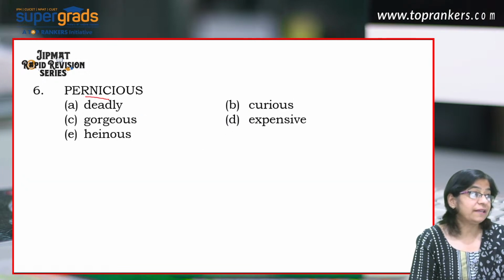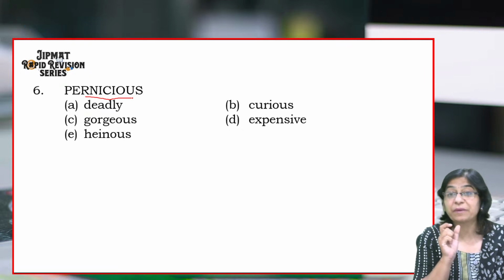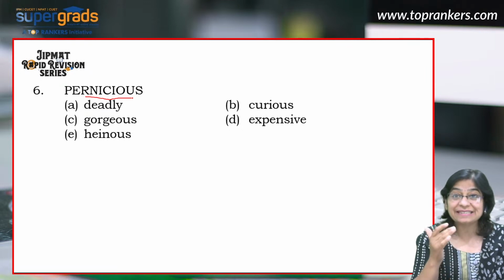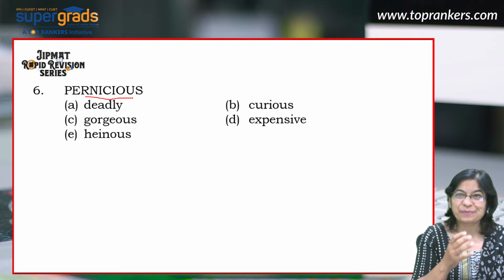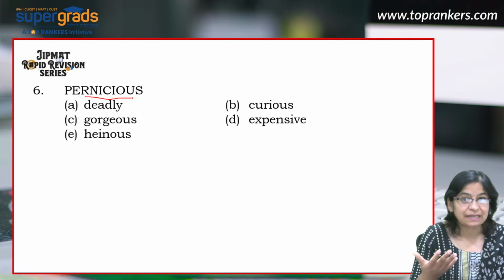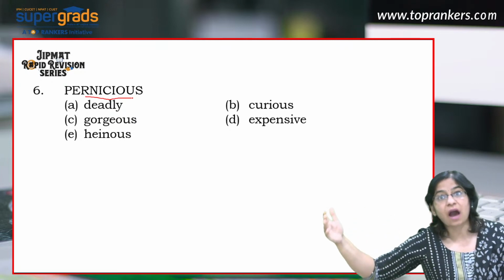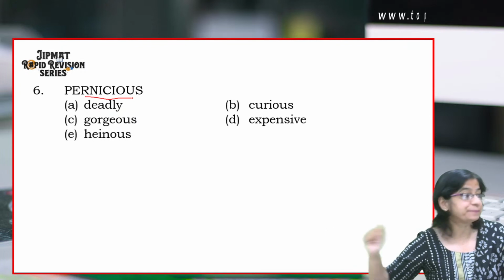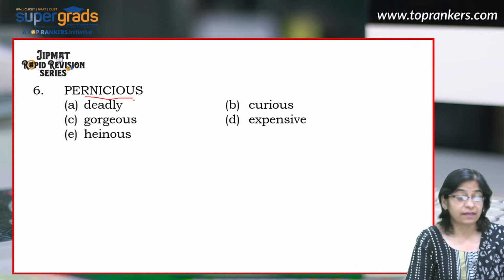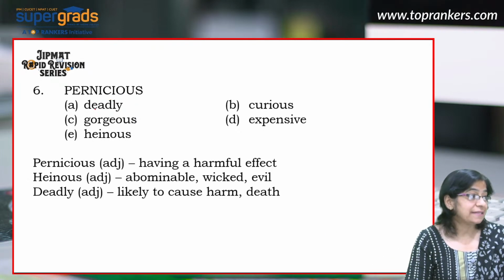Fantastic. Now, the next word that I have for you is pernicious. Pernicious. Now, this means something that's harmful. I mean, it has a harmful effect. So if something is pernicious, it'll definitely cause harm, which could be deadly. Now let's look at the answer choices. So is it deadly?